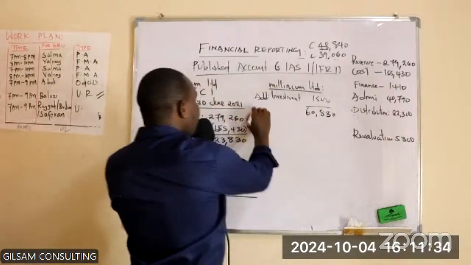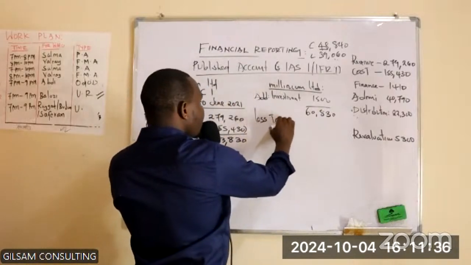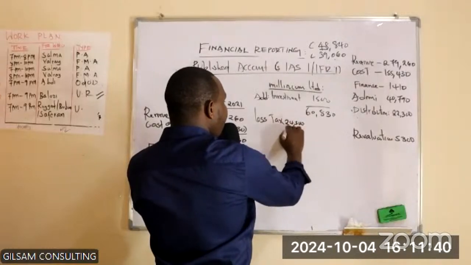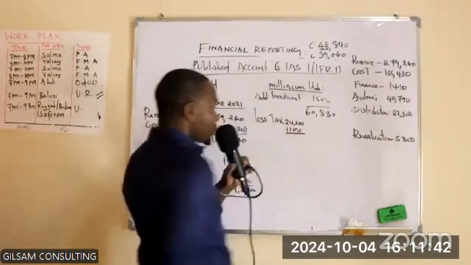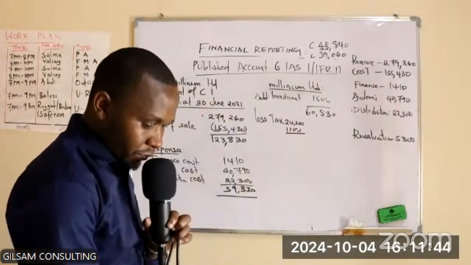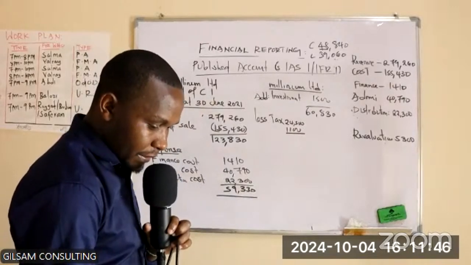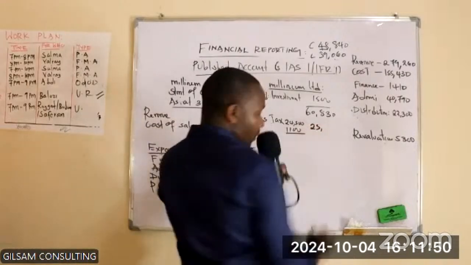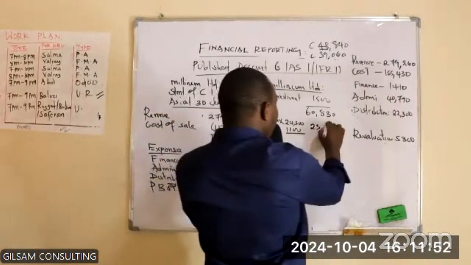So plus 1,500, we get 60,830, less the tax, which we have as 24,500 plus 1,100. So total will come to 25,600.